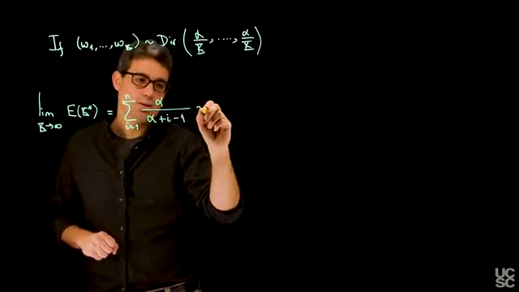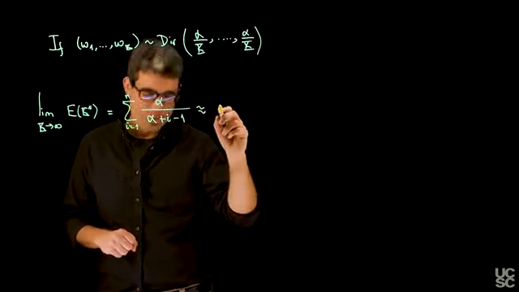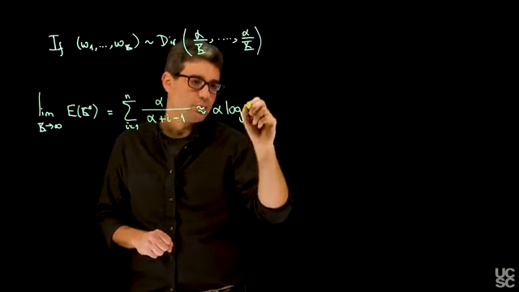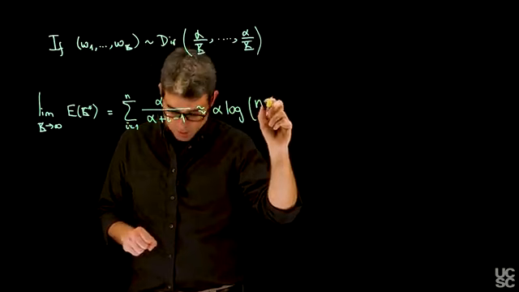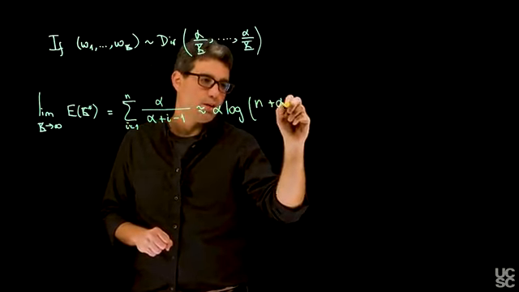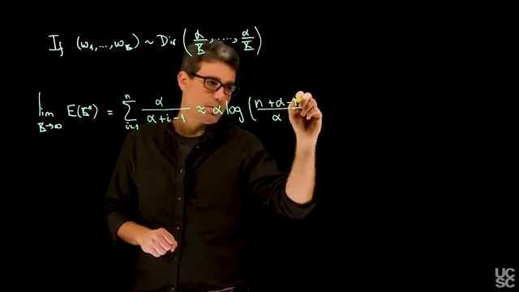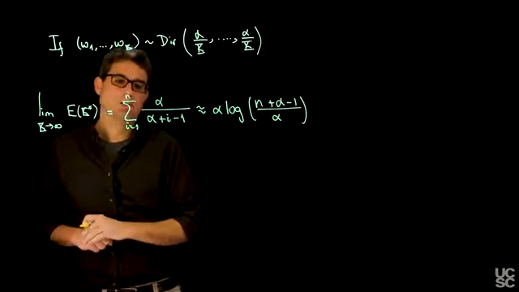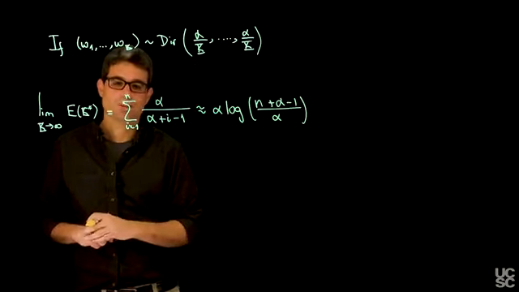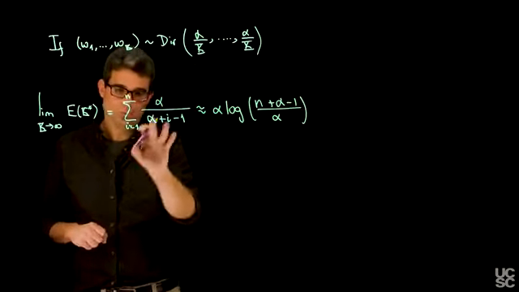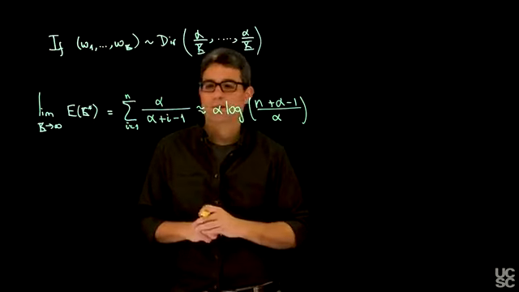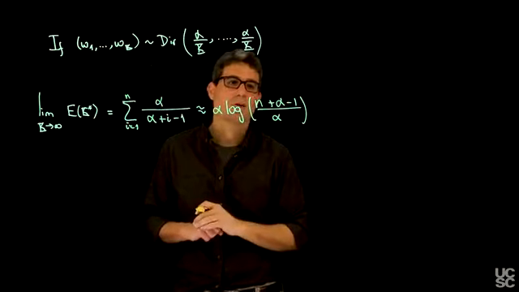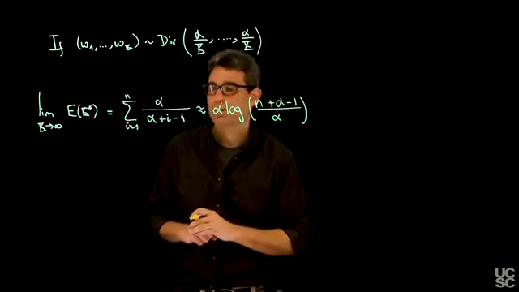And in turn, this quantity can be roughly approximated by alpha log of n plus alpha minus 1 divided by alpha. So the first part of the result is a little bit outside the scope of this class, so I won't be working out a proof for this. But the second piece is actually relatively straightforward. So this approximation using the alpha log n plus alpha minus 1 divided by alpha.